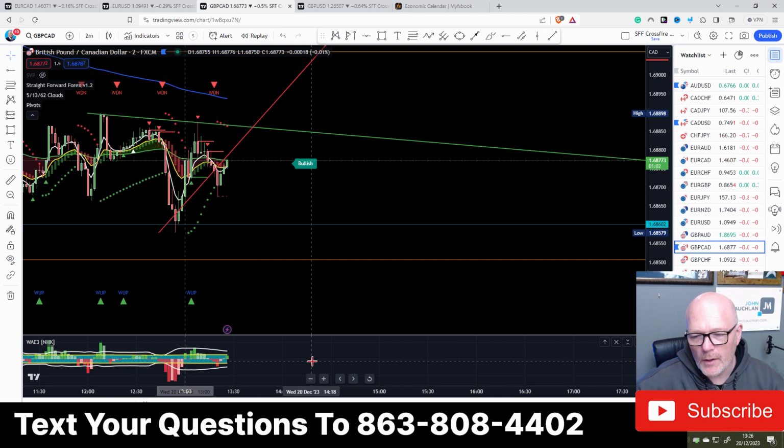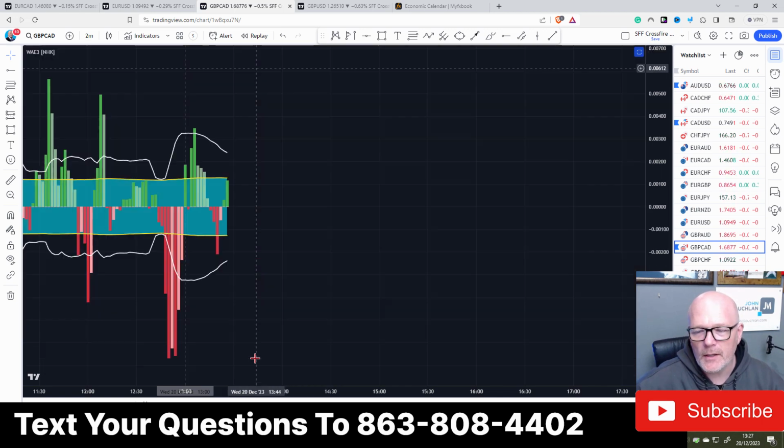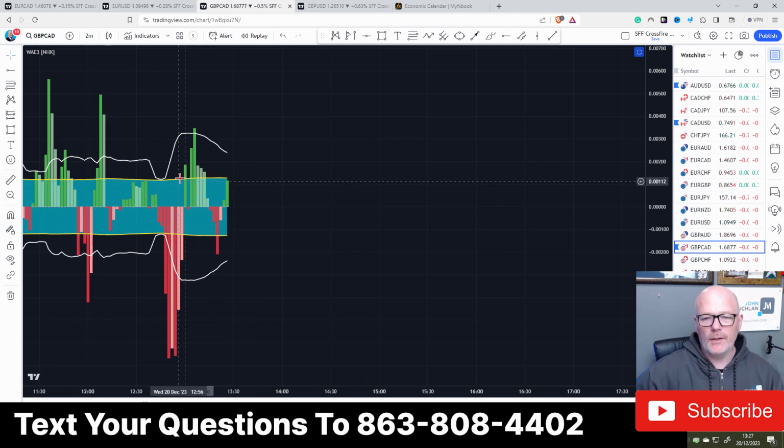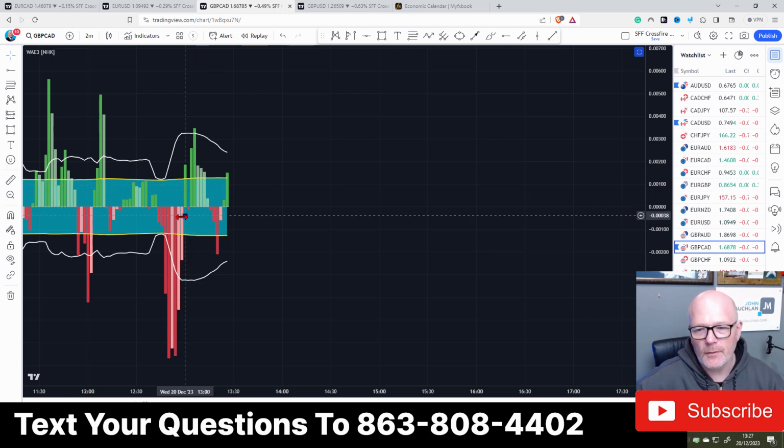Down here we've got the water avatar. Quick explanation of that. We've got this blue area, which is the dead zone. We've got the histogram, which indicates buys or sells. The darker the red or the darker the green, the stronger the price, and the lighter it goes, the weaker the price. Then we've got this line here, which is called the explosion line.